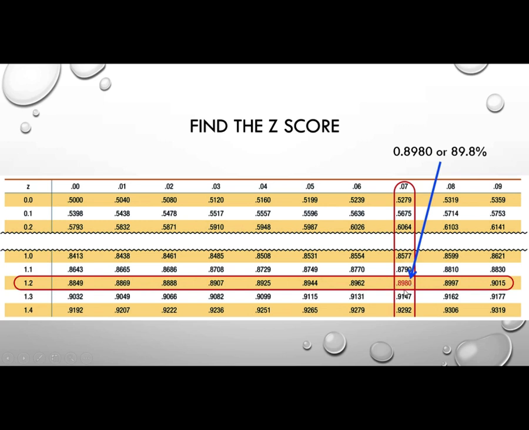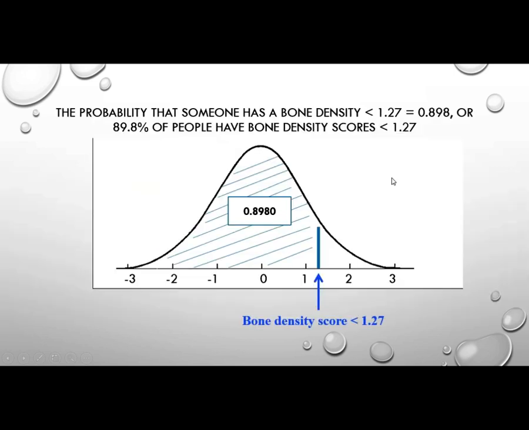And this number corresponds to 89.8% or 0.898. Okay, so what does that mean? It means that the probability that someone has a bone density score less than 1.27 is equal to 0.898, or 89.8% of the people will have a bone density score less than that.